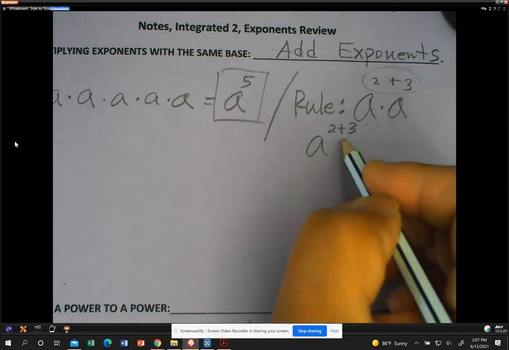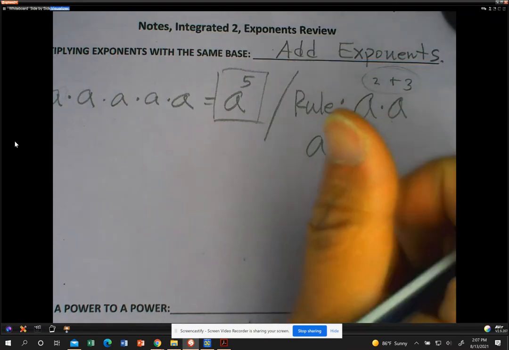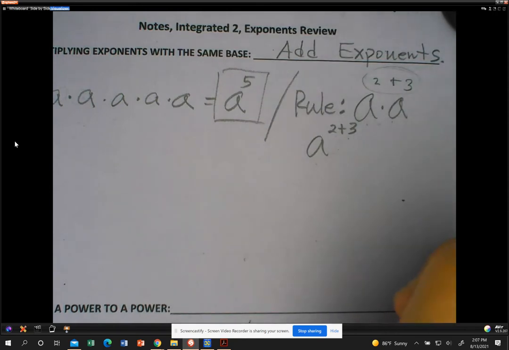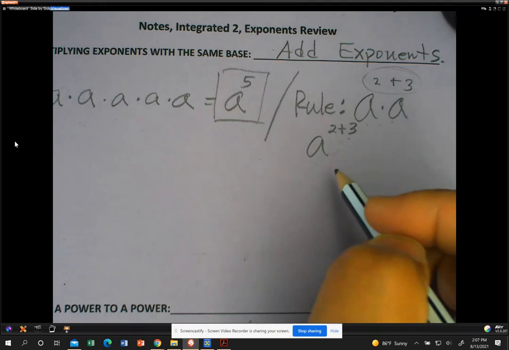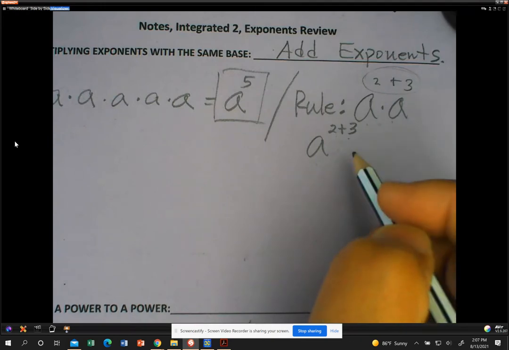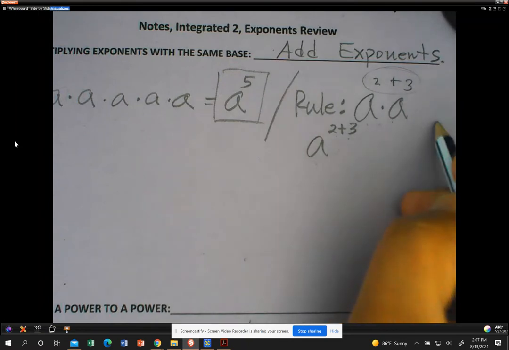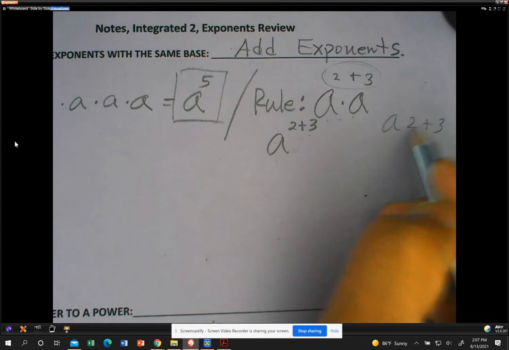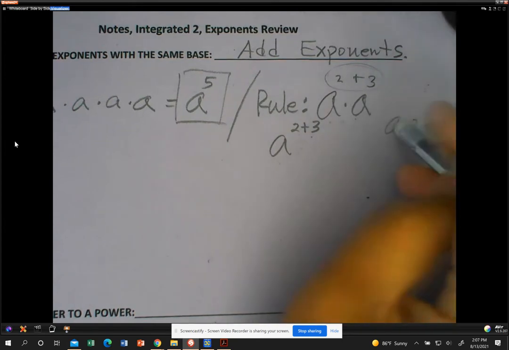Your powers will go to the top with a smaller written font. Base is usually bigger in size. Exponents should be a little bit smaller, because if you write it next to each other like this, a and 2 plus 3, we don't know which one is base and exponent. So make sure you write it neatly.